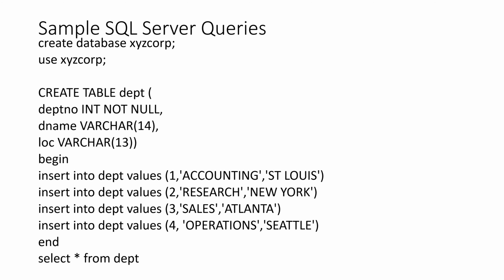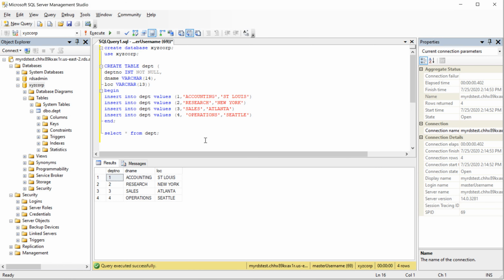Here's a sample of the commands you can try out. And hopefully you get successful results like I just have. When done, you could disconnect and exit from the Microsoft SQL Server Management Studio.